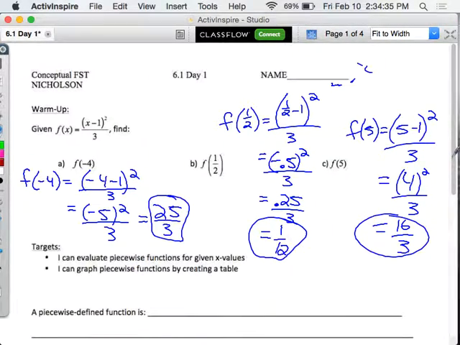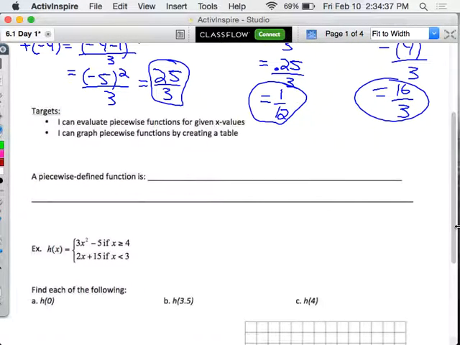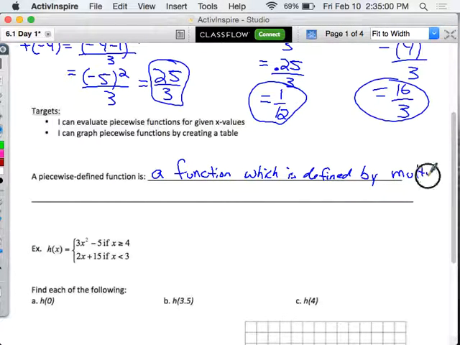All right, so a piecewise function is a function which is defined by multiple subfunctions.